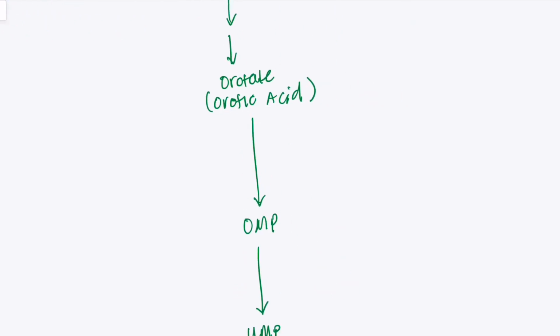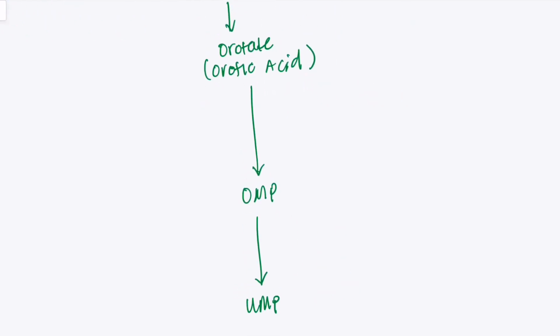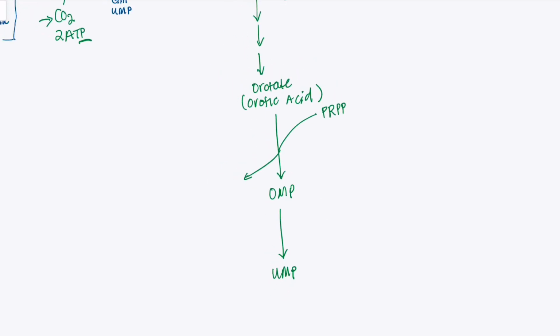So our first step from orotate to OMP, we're actually going to be adding a compound known as PRPP. And if you watch my other video, you will know that PRPP is important in a number of different things, first of which is being purine and pyrimidine biosynthesis. And obviously we can see how it's involved in this step, so we know it's important for our pyrimidine synthesis.